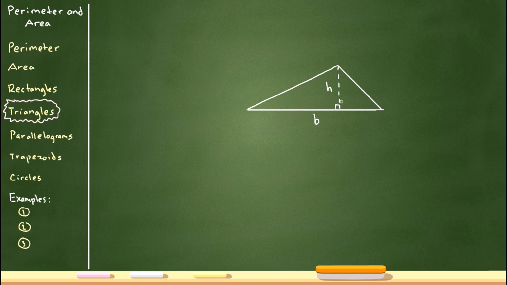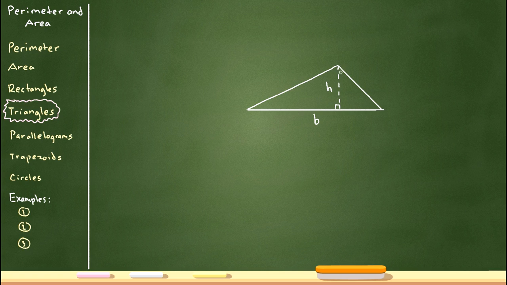Okay. Now, in this particular triangle here, when you draw a perpendicular line, meaning there's a right angle or a 90-degree angle between the base and the height, when you draw this from the base to the tip of the triangle, it does happen to hit one of the vertices of the triangle. But that may not be the case all the time. Depending upon the shape of the triangle, when you draw a perpendicular from the base, and when you try to reach the highest point of the triangle, you may be outside of the triangle, okay?